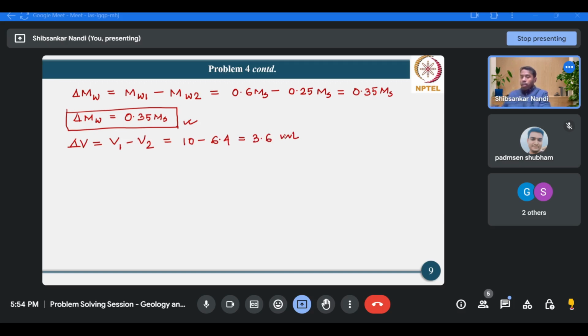Now, this is the reduction in total volume. What would be the reduction in only the volume of water? Will it be the same as the reduction in total volume? And if so, why?